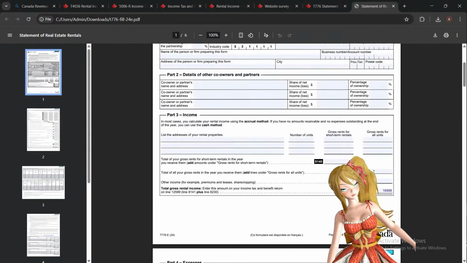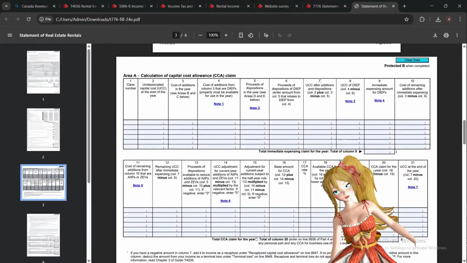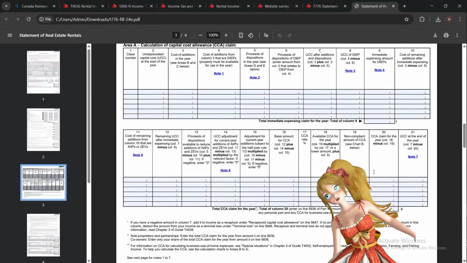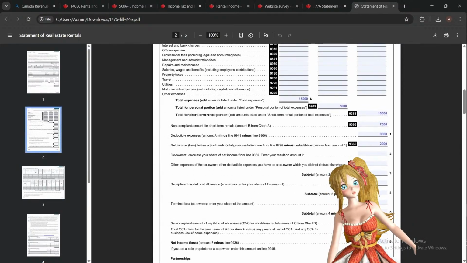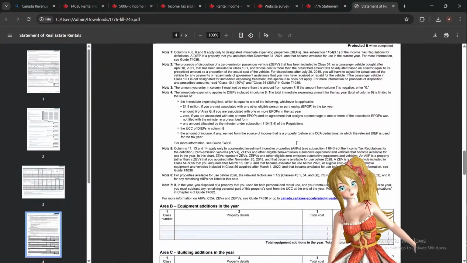The non-compliant amount, B from chart A. Where's chart A? Where is B? I don't see B. Non-compliant amount.